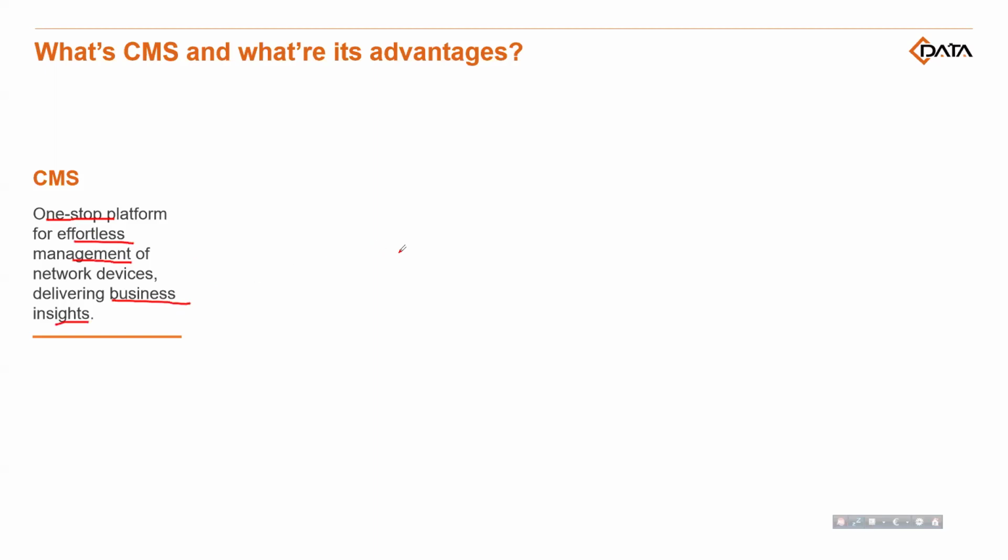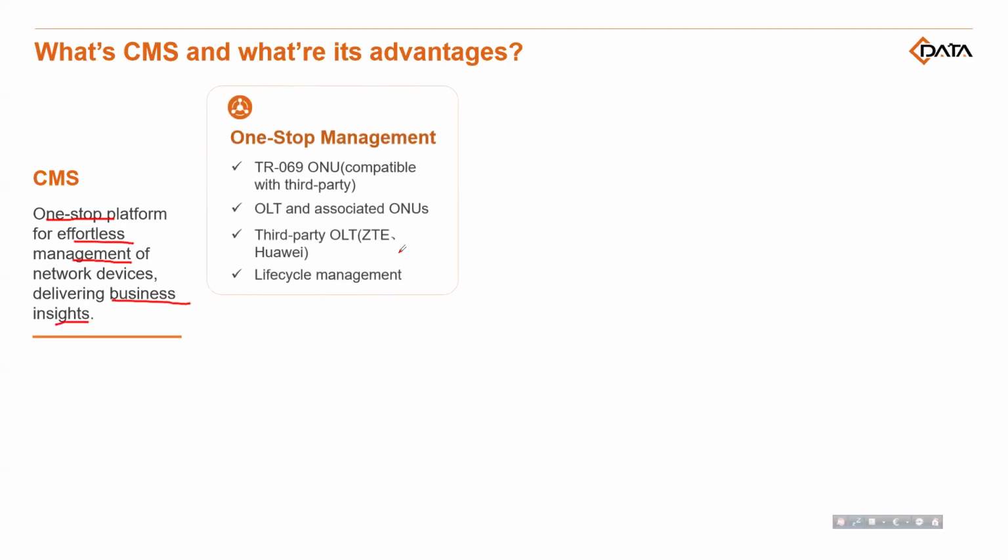What does one-stop mean? We can manage different brands or models of devices in one place. And with the lifecycle management, you don't need to integrate with other systems. And it's compatible with third-party ONU or ORT devices.